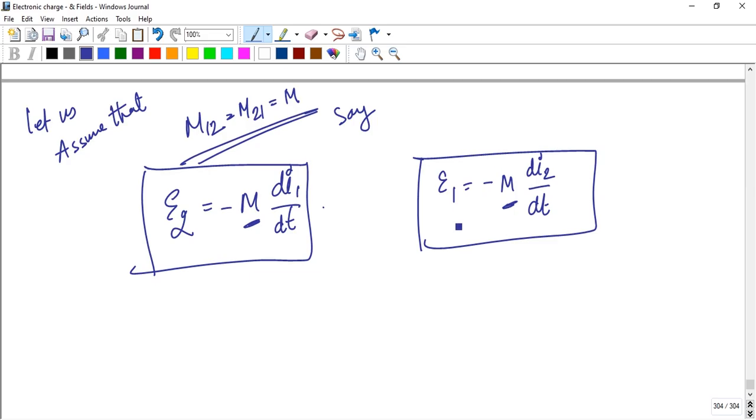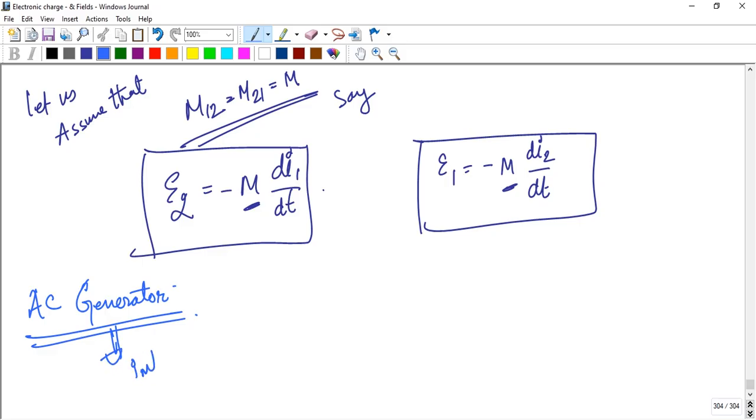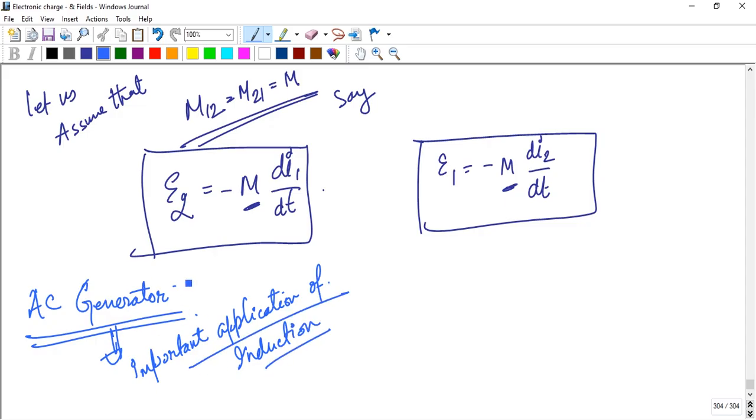Now we discuss the most important concept, the AC generator. What is an AC generator? The AC generator is an important application of induction. It is actually a machine, and AC is alternating current.